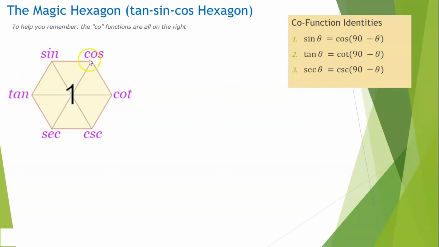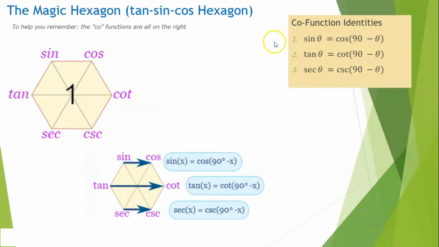So sine, cosine; tangent, cotangent; and secant, cosecant. Meaning sine x is equal to cosine of 90 minus x. So how come it's 90? It's because in the right triangle, one angle is 90 degrees. So the two acute angles should always end up with 90.